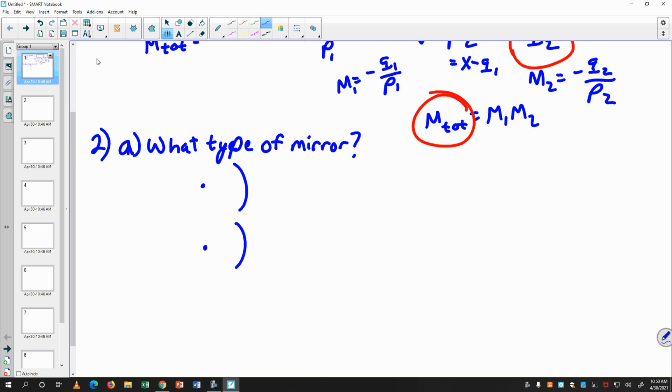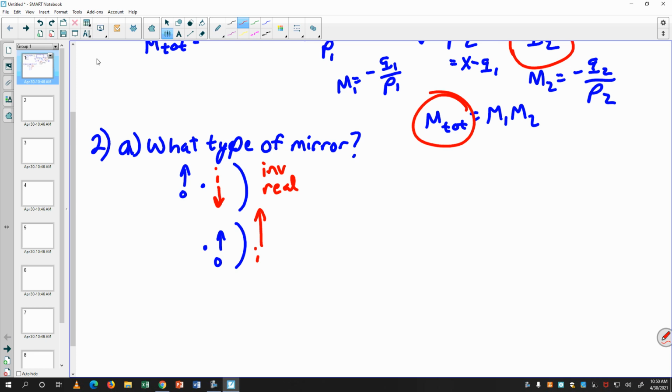You can be outside the focal point or inside the focal point. That'll be my object. If I'm outside the focal point, the image is right there. The image is inverted and real. If I'm inside the focal point, my image is right here.